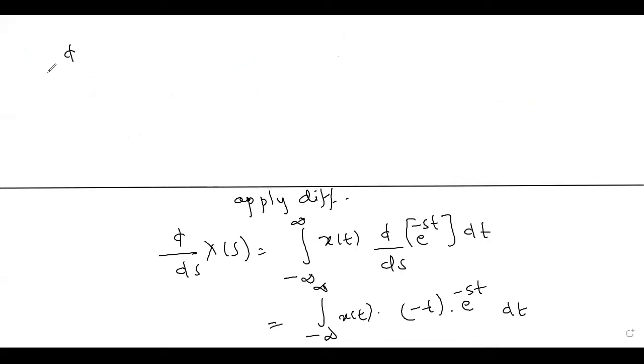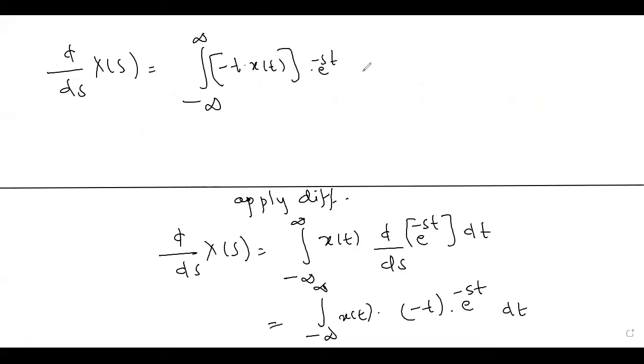So let us continue the steps. d by ds of X of s equals integral from minus infinity to infinity of minus t into x of t into e power minus st dt. Now see here, this is of the form signal multiplied with the Laplace transform kernel, right? But what is there in place of the signal? Minus t into x of t.